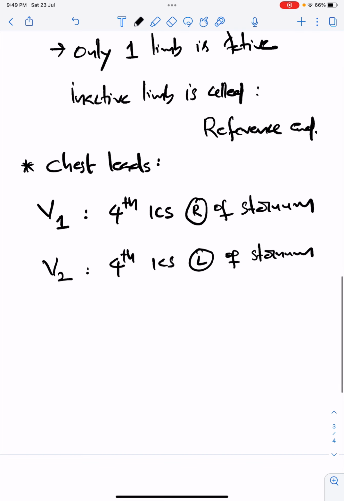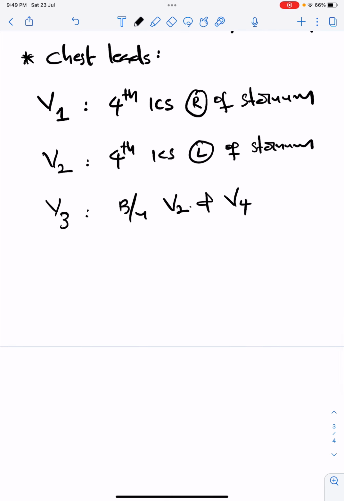V3 is between V2 and V4. V4 is at the fifth intercostal space at the mid clavicular line.